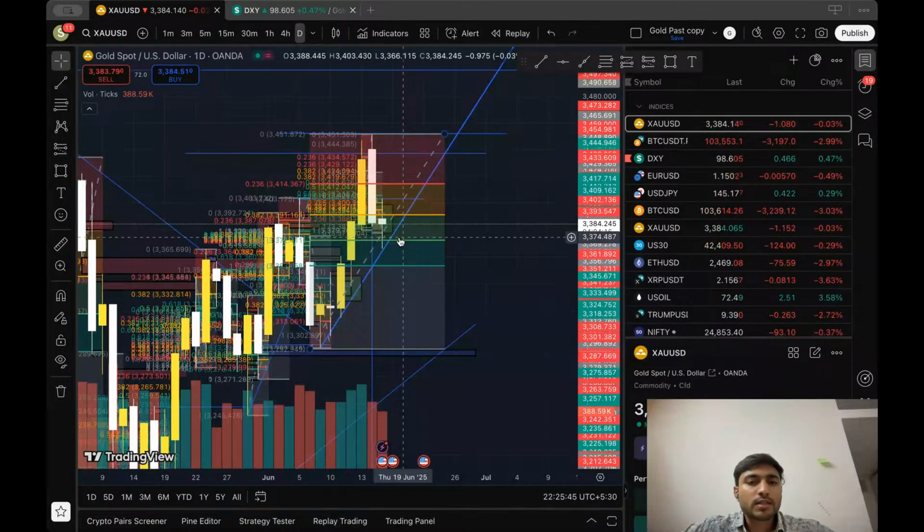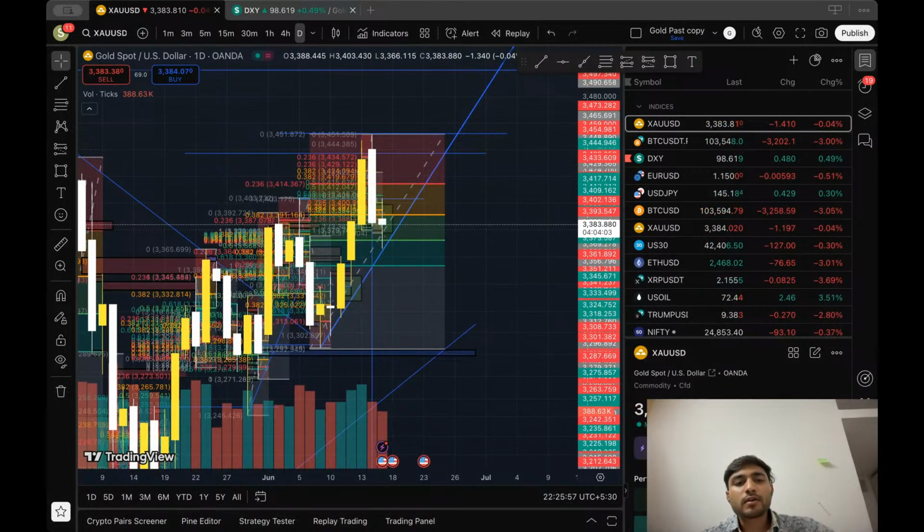The market is uncertain of where it wants to go at this point. There could be consolidation. Tomorrow can also be consolidation, but I don't think it will be, because we have news tomorrow. Do we have news? Let me check.